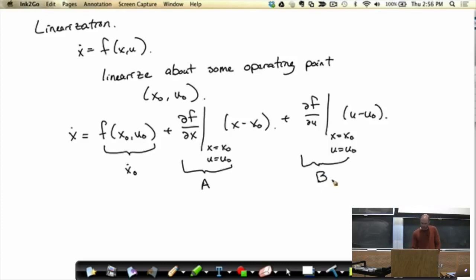So what I found, if I just take this first order Taylor approximation, is I can write the system as x dot minus x dot 0 equals A times (x minus x 0) plus B times (u minus u 0).